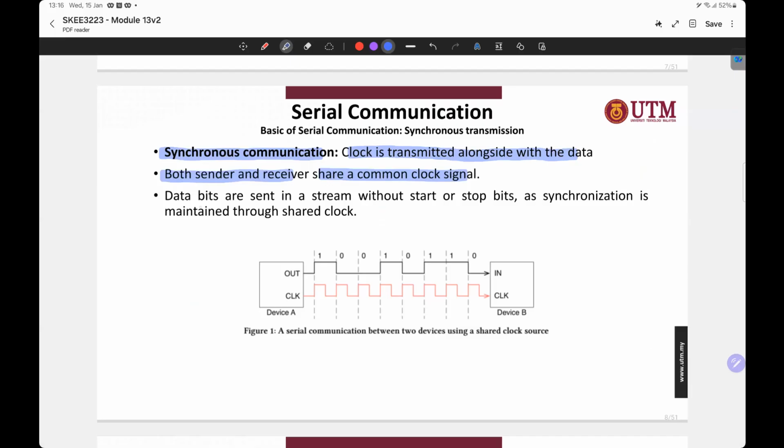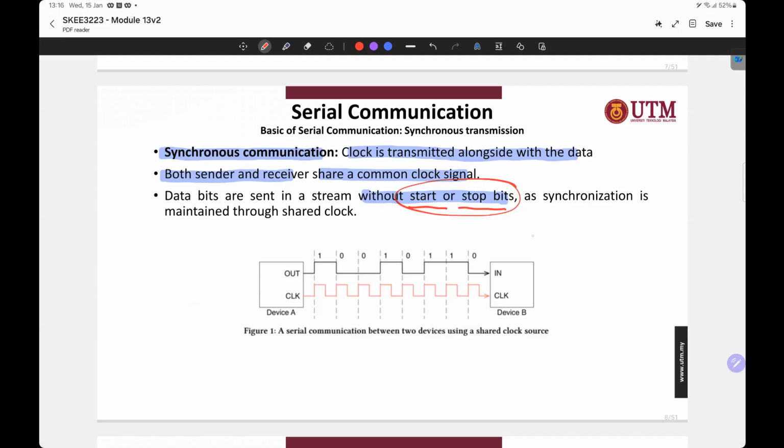The data bits are sent in a stream without start or stop bits. But if you use asynchronous communication, you require start and stop bits to let the receiver know when the data starts and when it has finished being sent from the transmitter to the receiver.